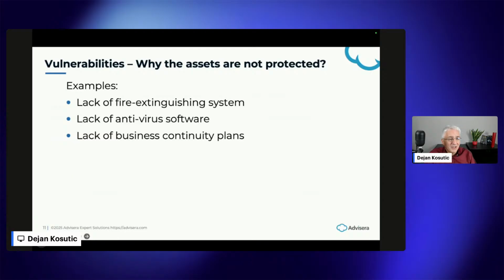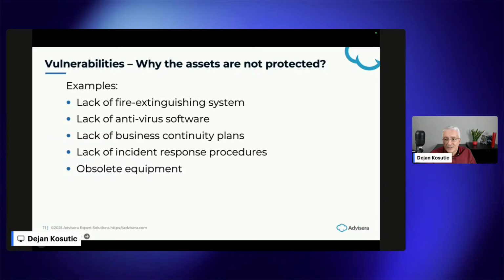Then lack of business continuity plans could be a vulnerability related to assets like your people, your offices, or something else that is, I would say, more general in your company. Lack of incident response procedures is again something that could be related to your software, your people, hardware assets and various other assets.